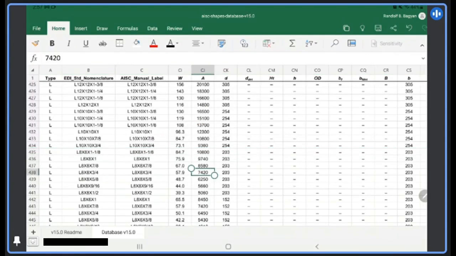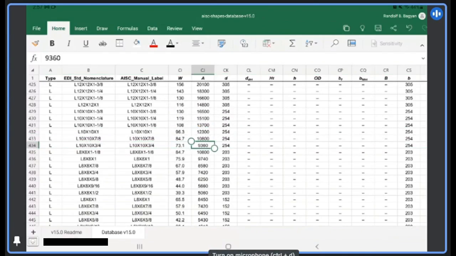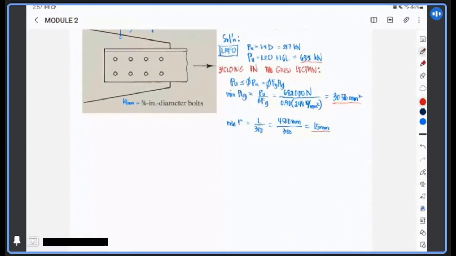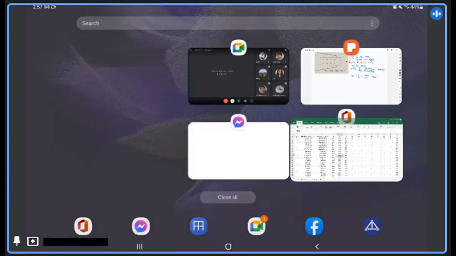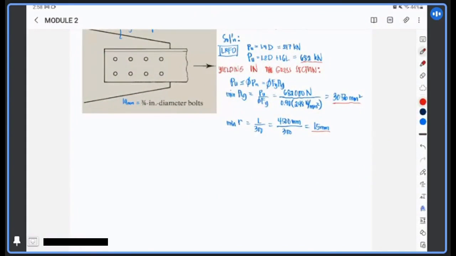If we start with L10, the area is already 9,360, but the required minimum is 3,056. Of course, you will not choose a section that is twice that area. Dapat yung pinakamalapit sa 3,000. That's the minimum area, and the minimum radius of gyration is 15.